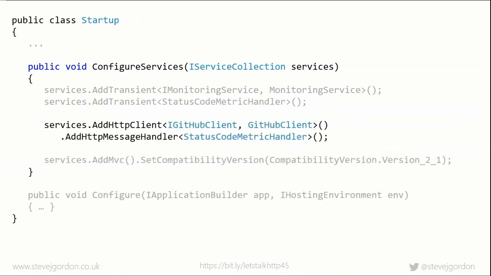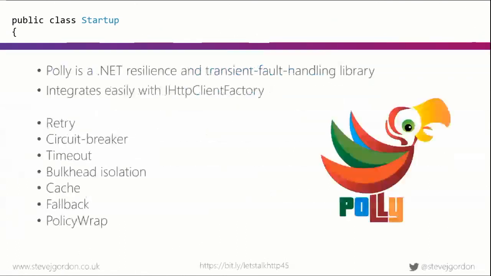Now anything that goes out through my typed GitHub client is also going to flow through that handler automatically, and it's all wired up for me. That's a really powerful and easy way to add these cross-cutting concerns to the right clients as we need to. One other caveat and important point is you do have to remember to register that as a transient service in DI, which still annoys me to this day because it could happen inside that method, but it doesn't. So just something to watch out for.